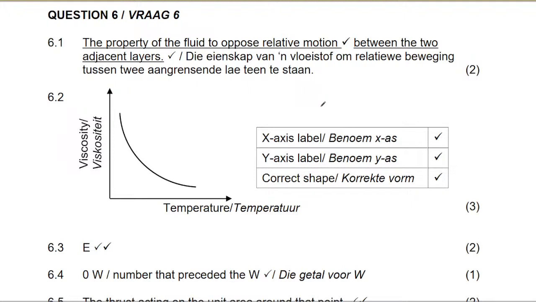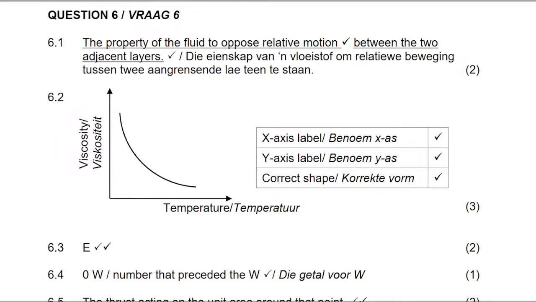So question 6.1, define viscosity. This one I think is part marking. The property of the fluid to oppose relative motion between two adjacent layers. I think that one is quite straight. And then draw a graph to illustrate the relationship between the viscosity and the temperature. As the temperature increases, the viscosity is lowered.